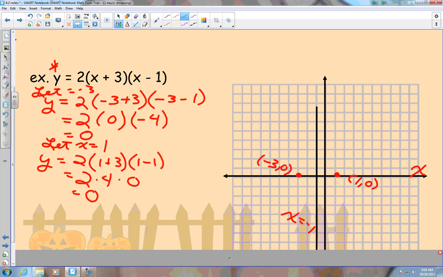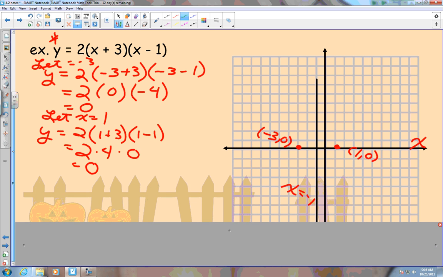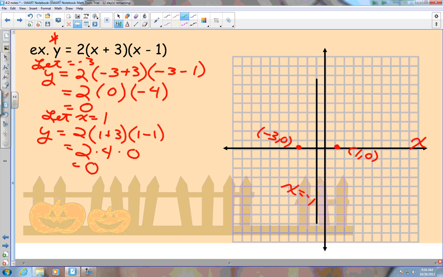Different colors. Keep track like that. Okay, so I'm going to substitute x equals negative 1 into my original equation. So y equals 2 times negative 1 plus 3 times negative 1 minus 1. So evaluate what's in the parentheses first.